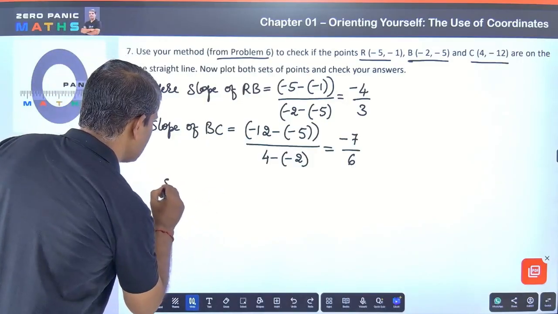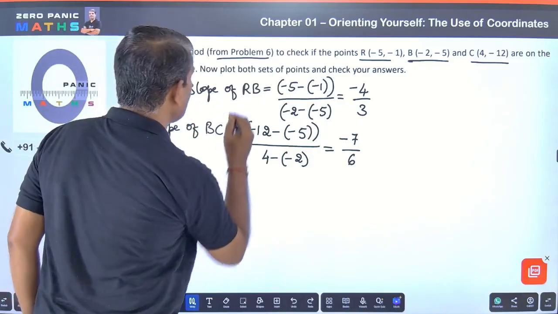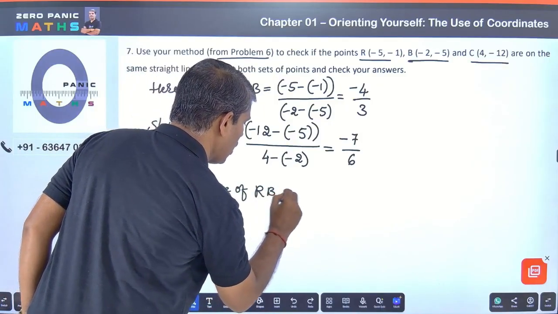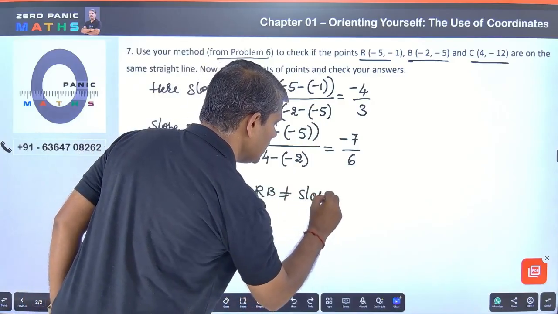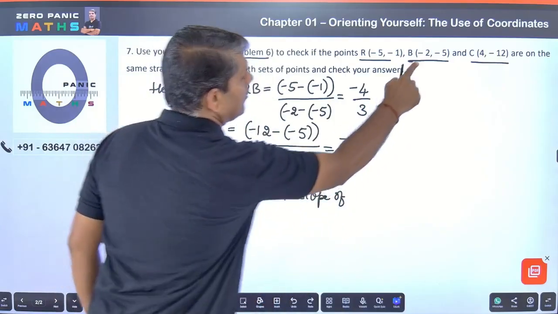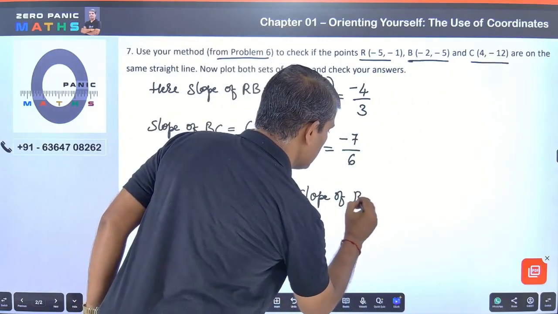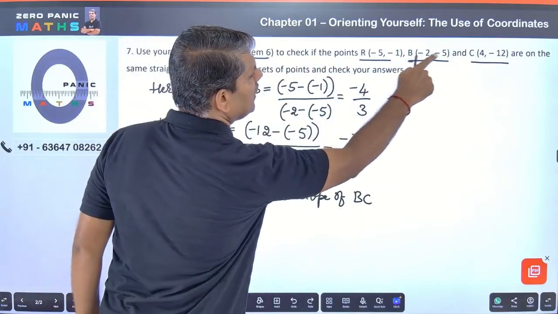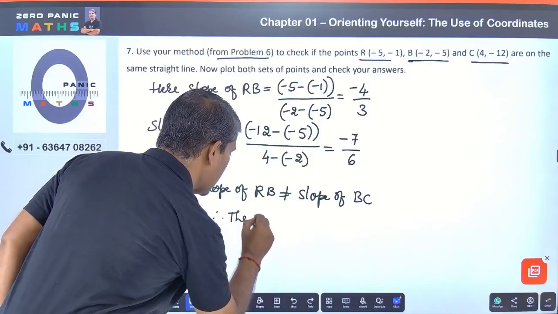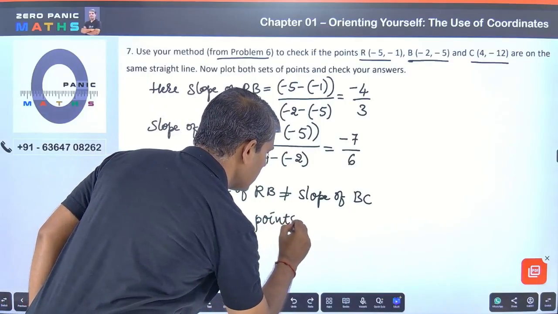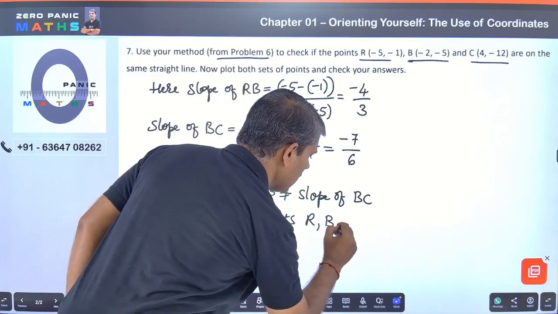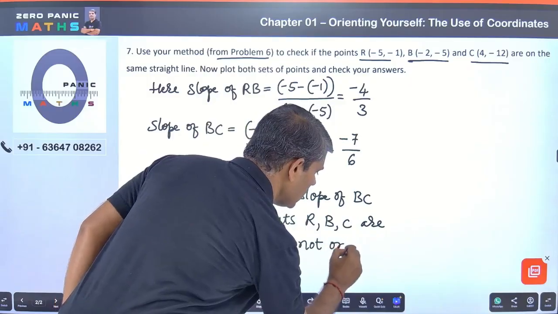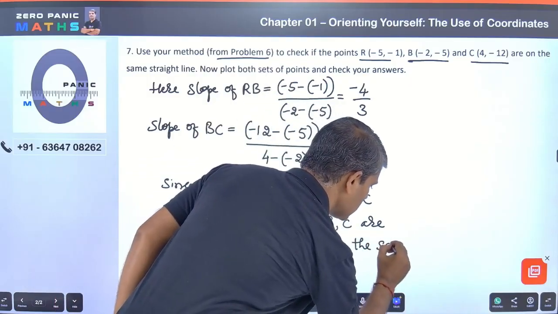Now, since slope of RB is not equal to slope of BC, therefore the points R, B, and C are not on the same straight line.